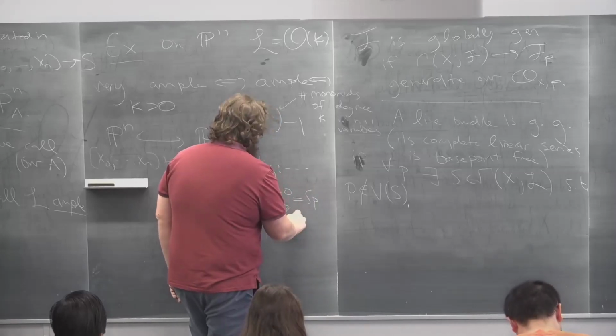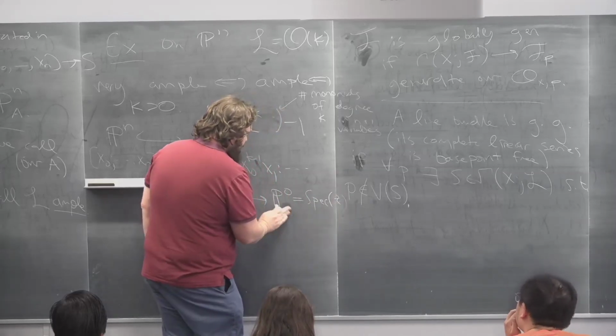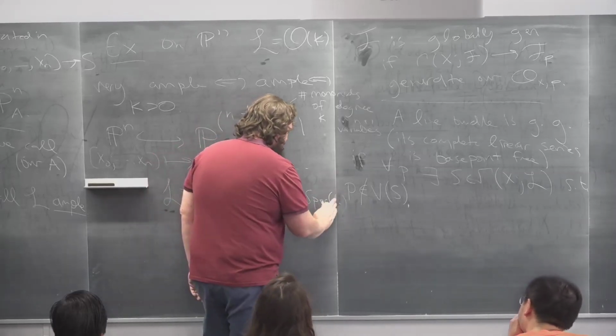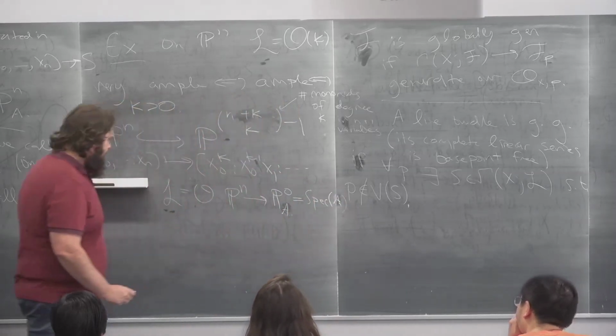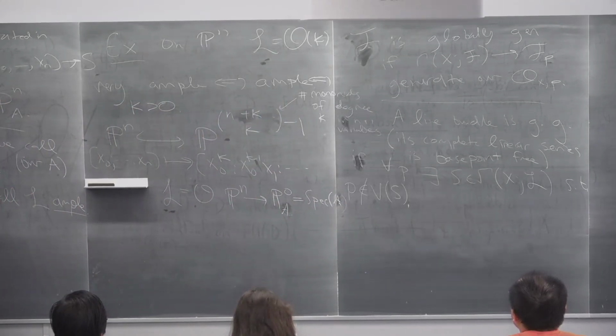Or if I'm doing this over Z, it's actually spec of Z. But more generally, if I put A here, it would be spec of A. All right, so this sort of smashes out all the projective stuff.